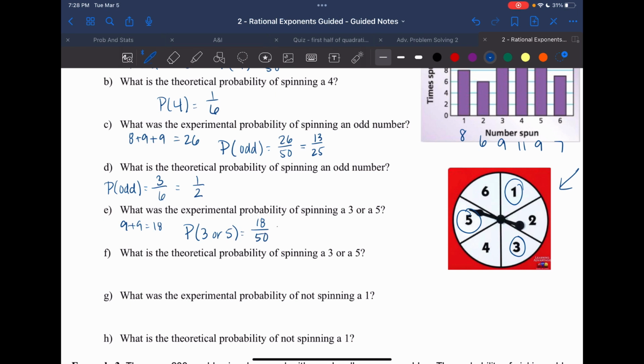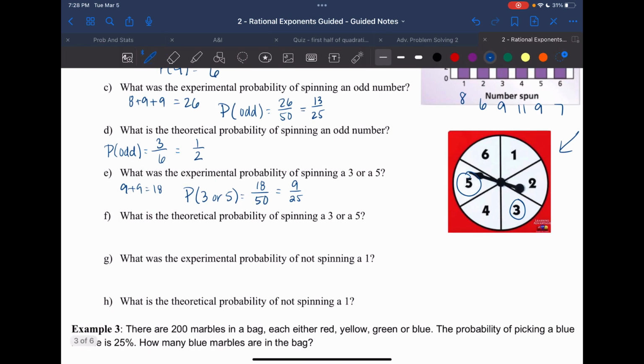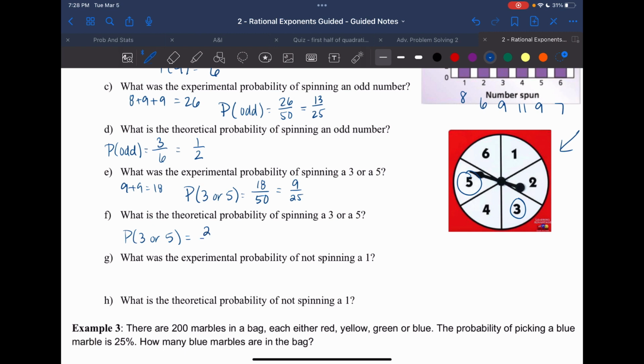Again, this can be reduced, which would be 9 over 25. For the theoretical probability, since I only have 2 spaces on the spinner, the probability of a 3 or a 5 is going to be equal to 2 over 6, which is equal to 1/3.